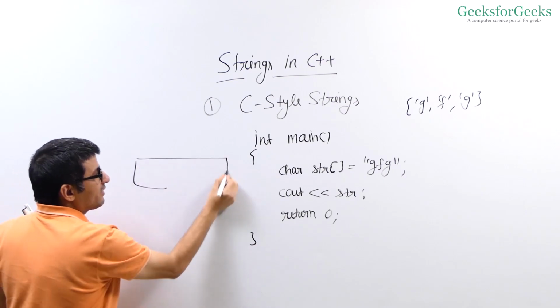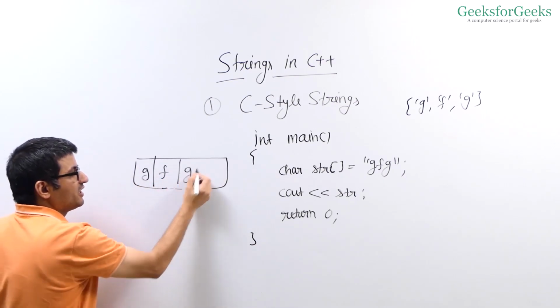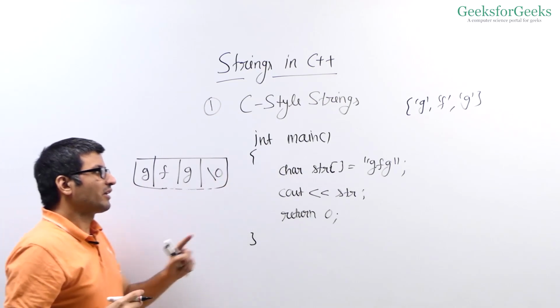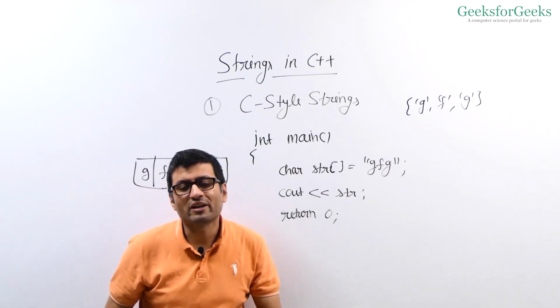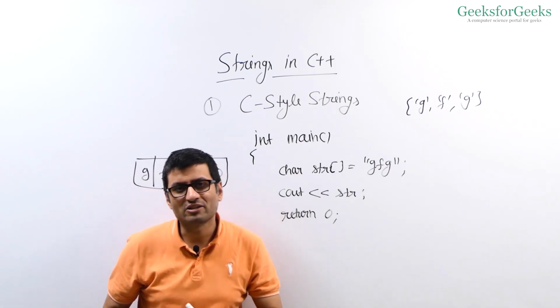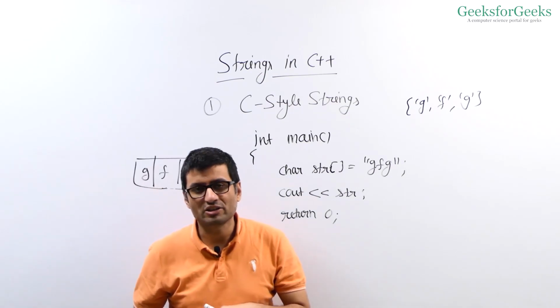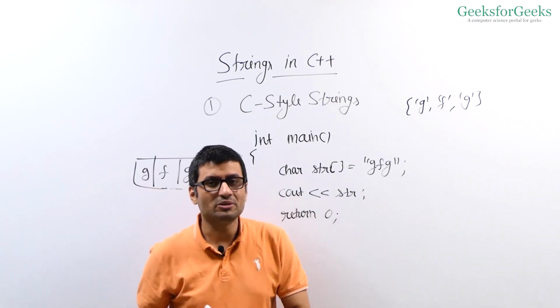Your compiler puts G first, then F, then G, then it puts a special character \0. Most of these C style library functions rely on the fact that your string must be \0 terminated. When you are creating a string, you must guarantee that there is a \0. If you just use double quotes, the compiler automatically puts a \0.